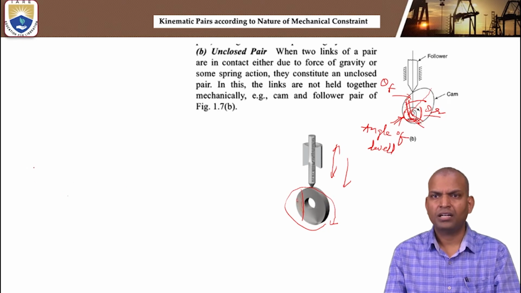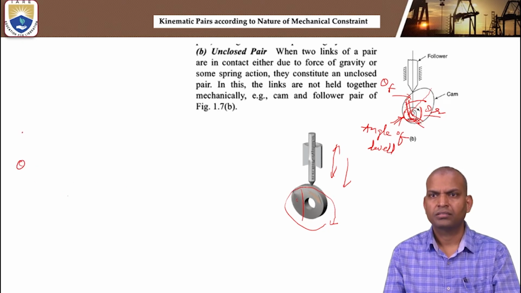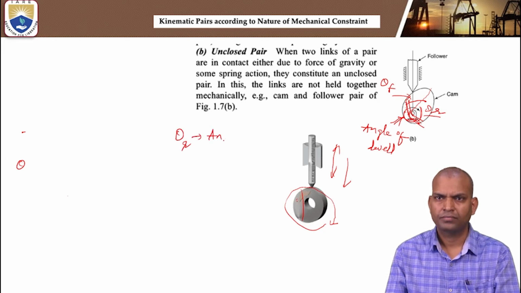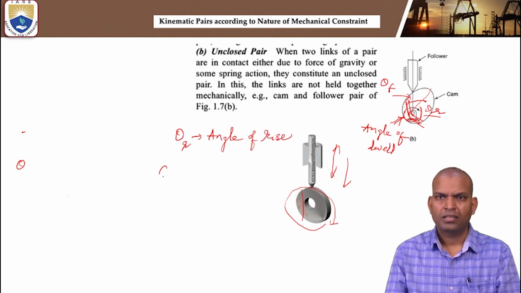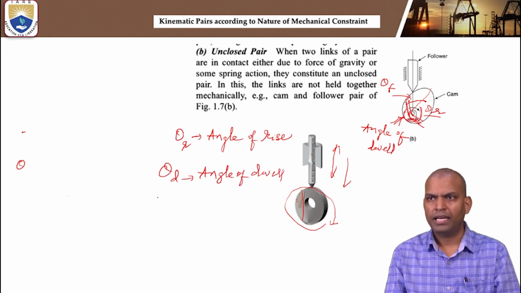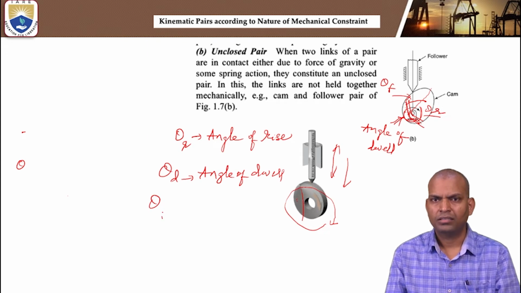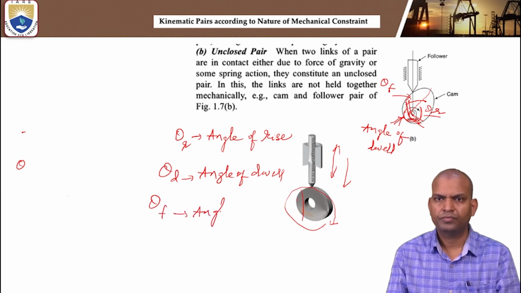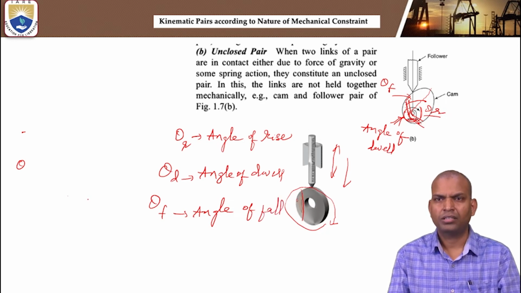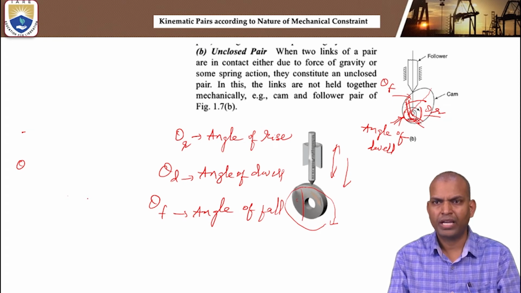So theta r is the angle of rise, theta d is the angle of dwell, and theta f is the angle of fall. Thus, these are the three terminologies we are going to use in the case of cam profiles.